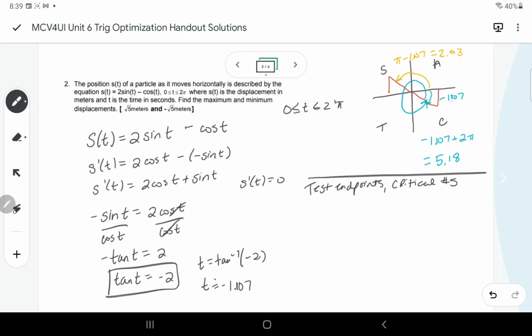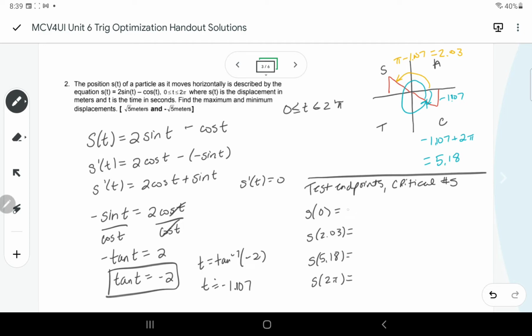So I'm going to find S at 0, S at 2.03, S at 5.18, and S at 2 pi. And we're just going to figure out what the maximum and minimum displacement is from there.